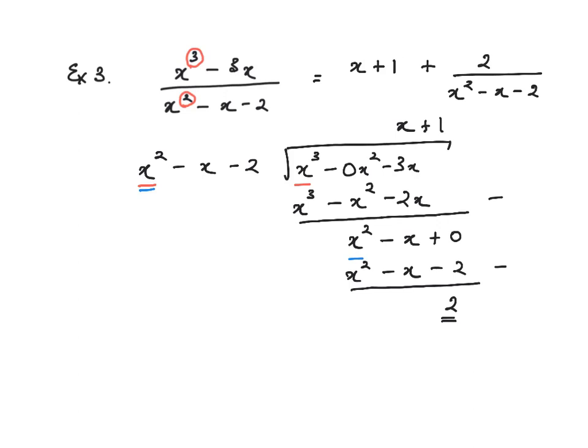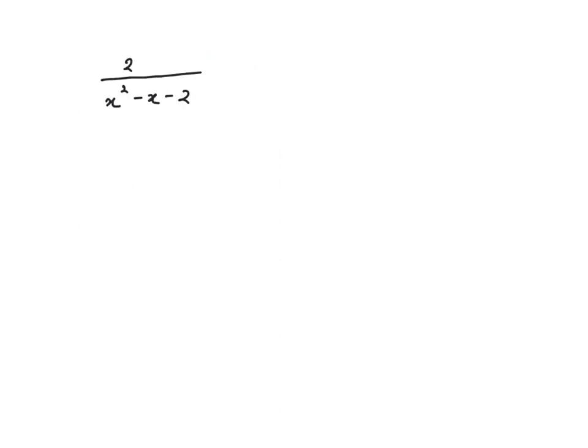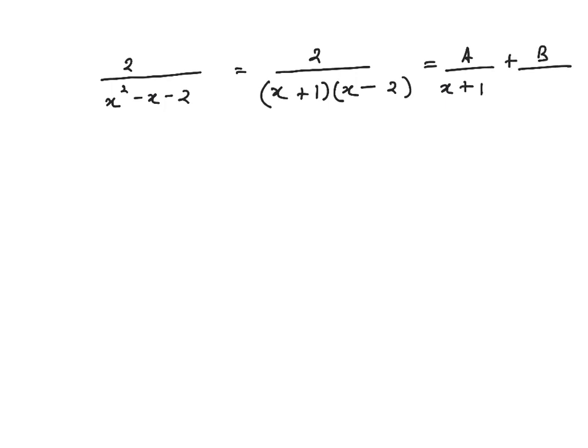Now, all we've done here is simplify the function. What we have to do is to express this part here in partial fractions. So this is the part that we want to work with. We have to first of all factorise the bottom line. It gives us x and x, 2 and 1, and that'll be minus and plus. And then a over x plus 1 plus b over x minus 2.